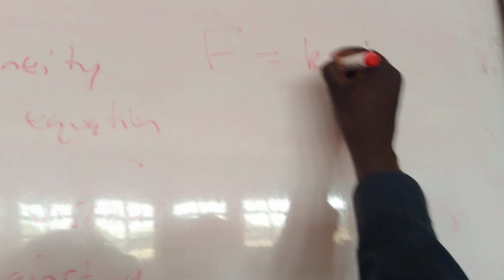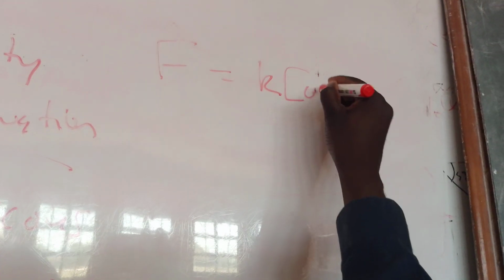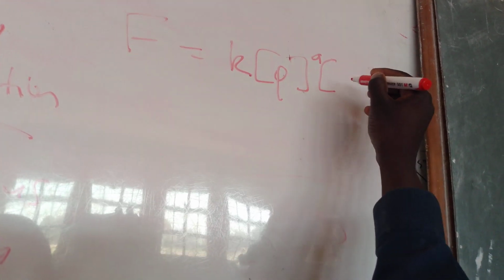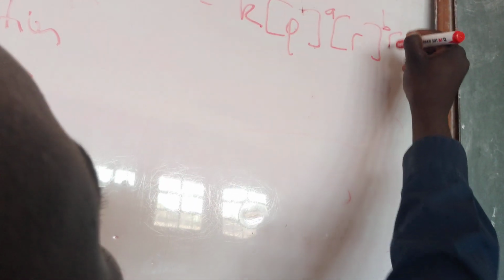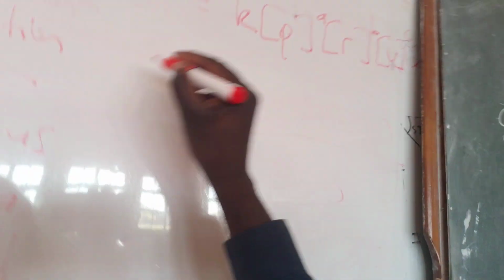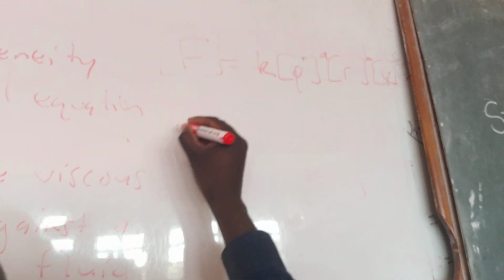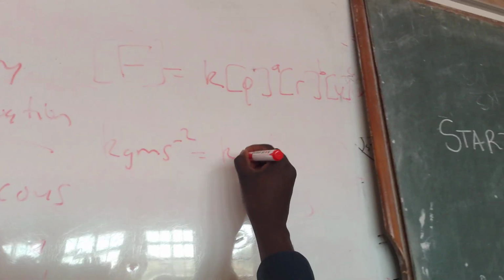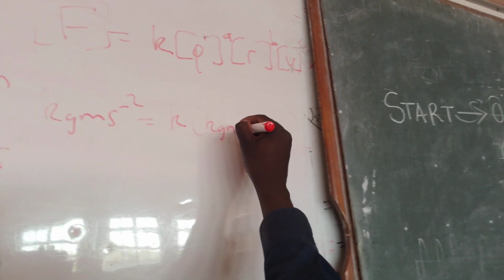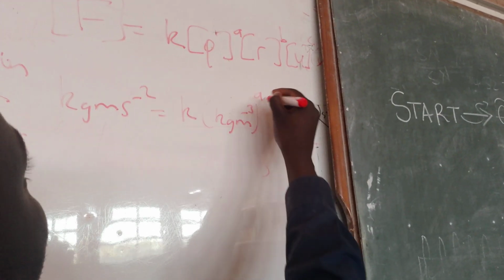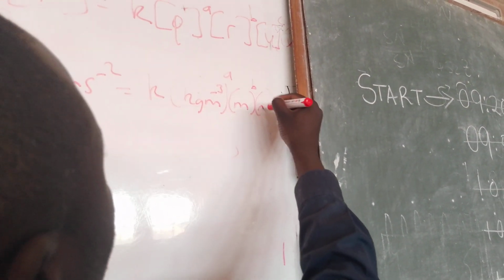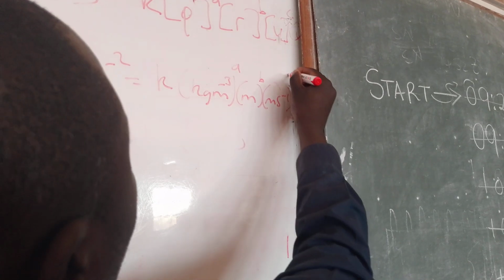So we're saying F is equal to K rho to the power A, R to the power B, and V to the power C. So the base units for F are kg meters per second squared. For density it is kg m to the power minus 3, to the power A. For R it is m to the power B. Then there is m to the power C.